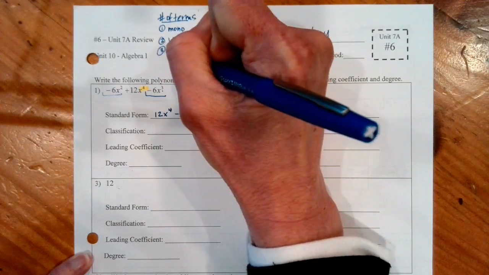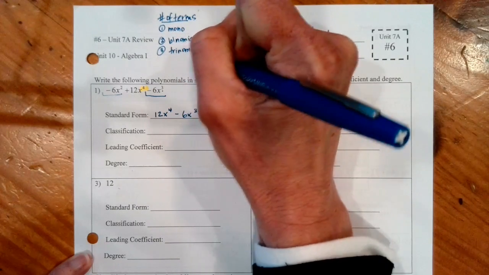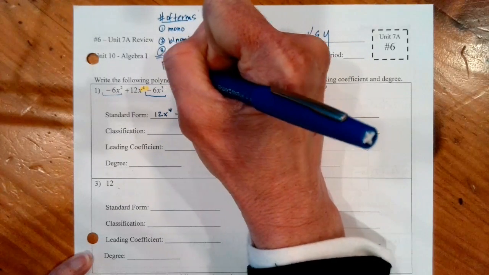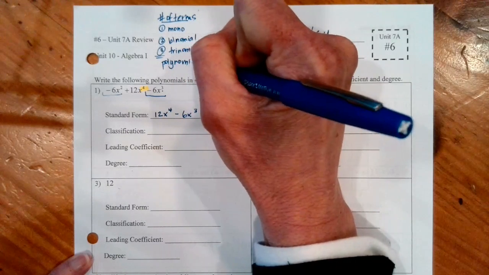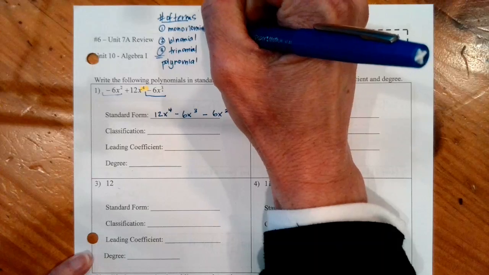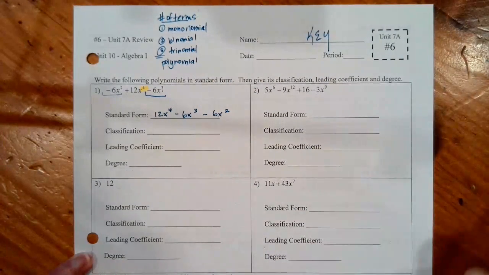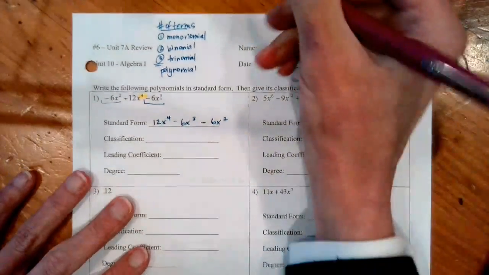If there's three terms, I call it a trinomial. And anything more than that, we just use the phrase polynomial.